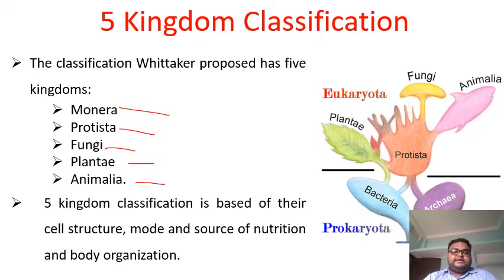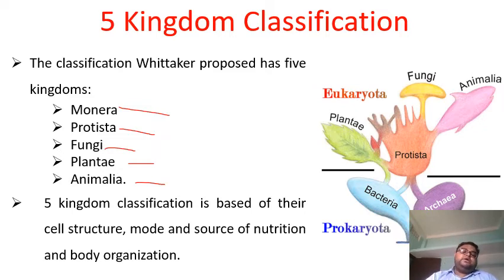Okay, students? Right. So when we look at the five kingdom classification, what will we see? We will see that this classification is based upon their cellular structure, mode and source of nutrition, and body organization.